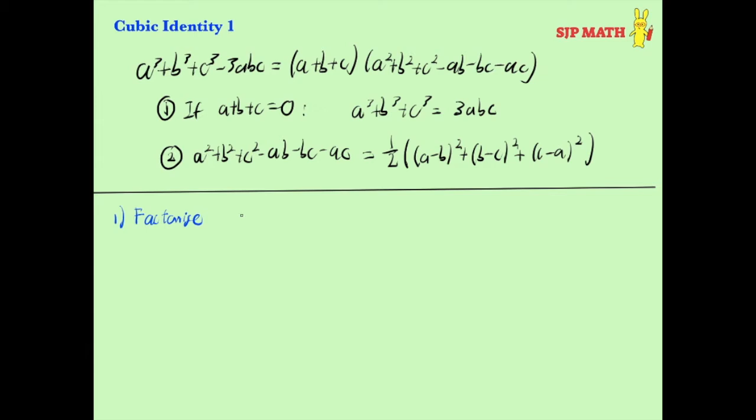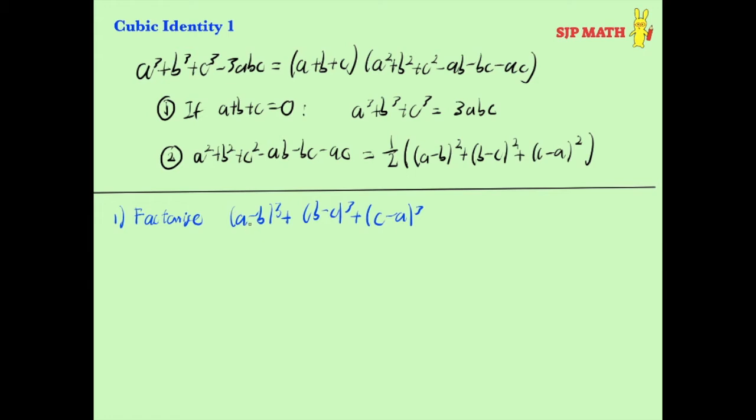We want to factorize (a minus b) cubed plus (b minus c) cubed plus (c minus a) cubed, where a, b, and c are reals. We can already see that we can use this equation because it's a sum of the cubes of three numbers, three reals.